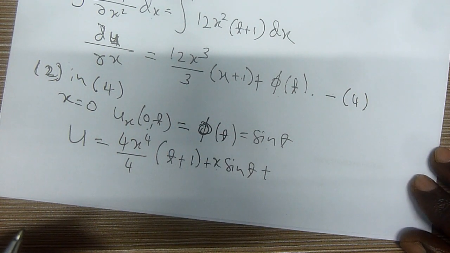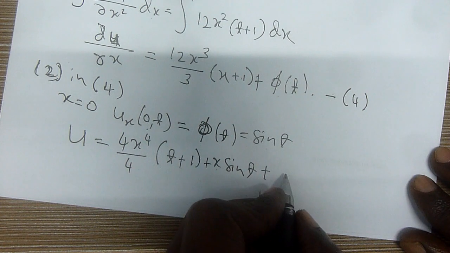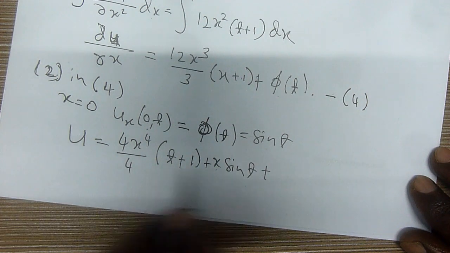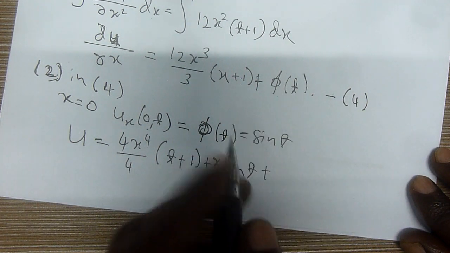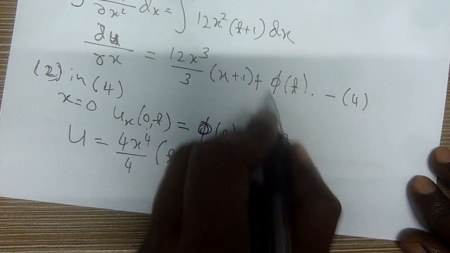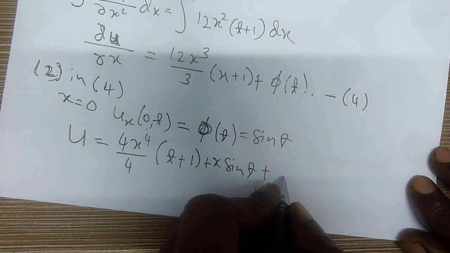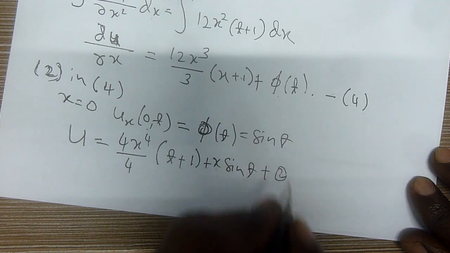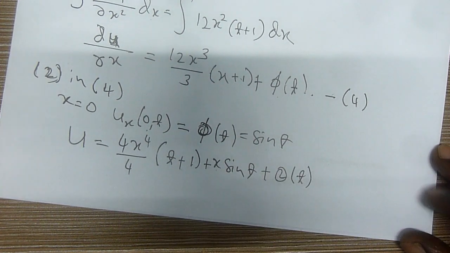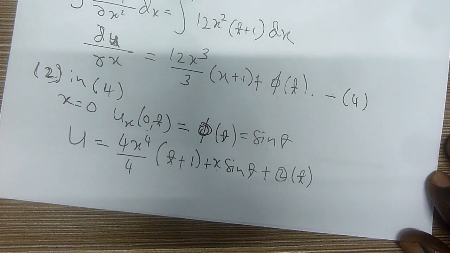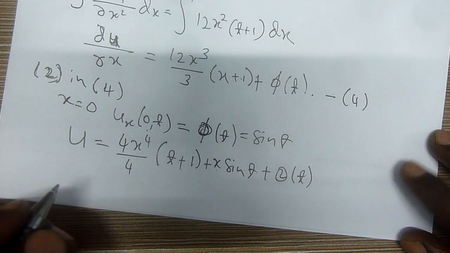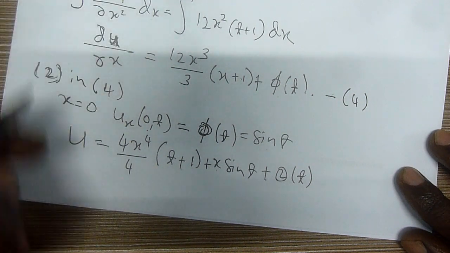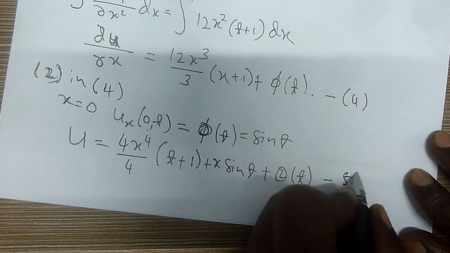No, it cannot be a constant. It must be a function of t again, but this time we are not going to use phi; maybe theta(t). I call this number 5.